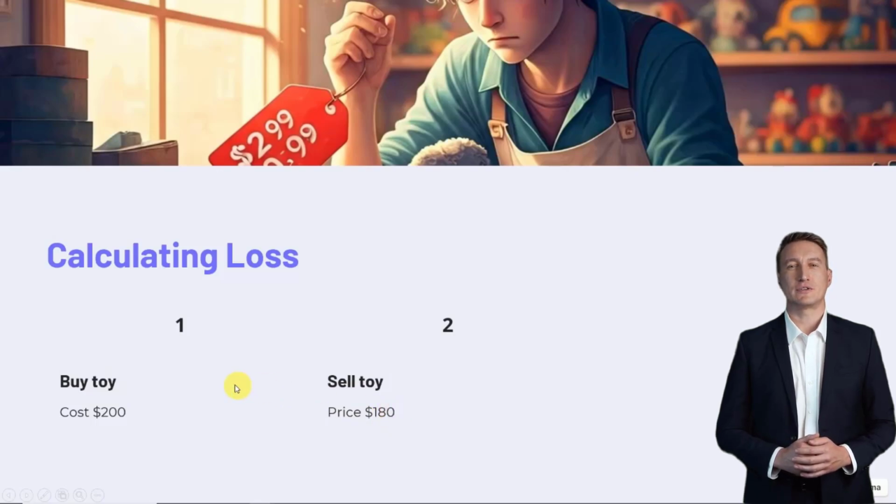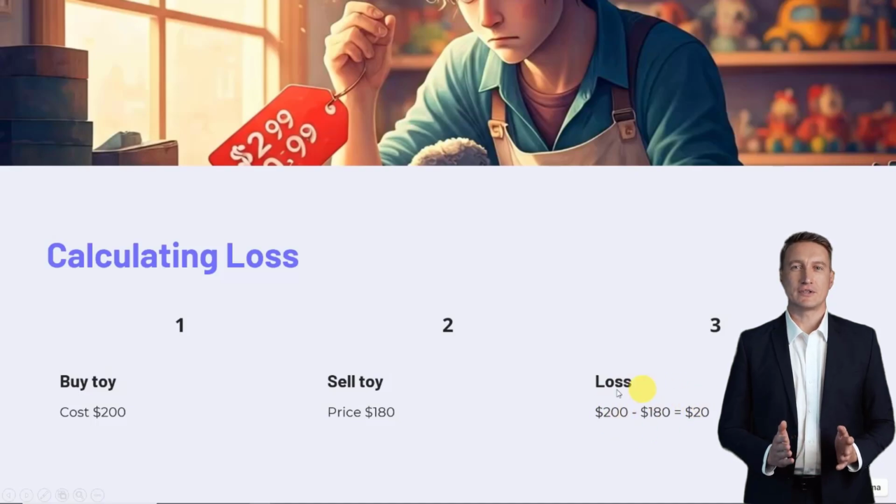I thought $200 is too much for this toy. The third thing is we are going to be calculating our loss. Who likes a loss? Nobody. The loss is going to be 200 minus 180 equals 20. They do it that way, but I do it vice versa, because then I get a negative number. You will see at a later stage where I do that. So this guy has made a $20 loss on his toy.